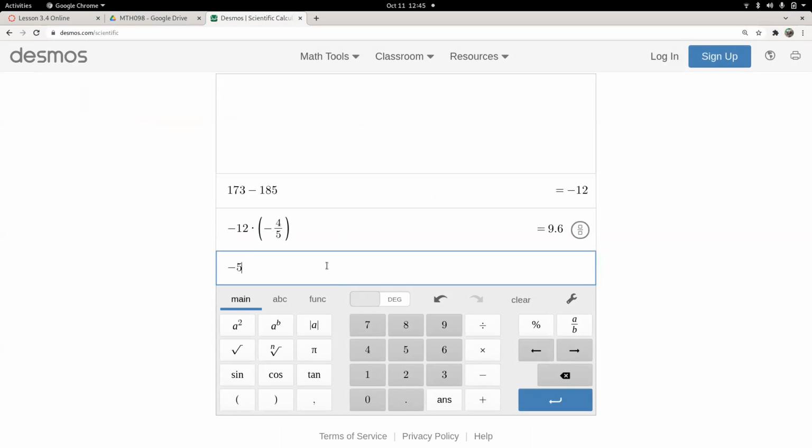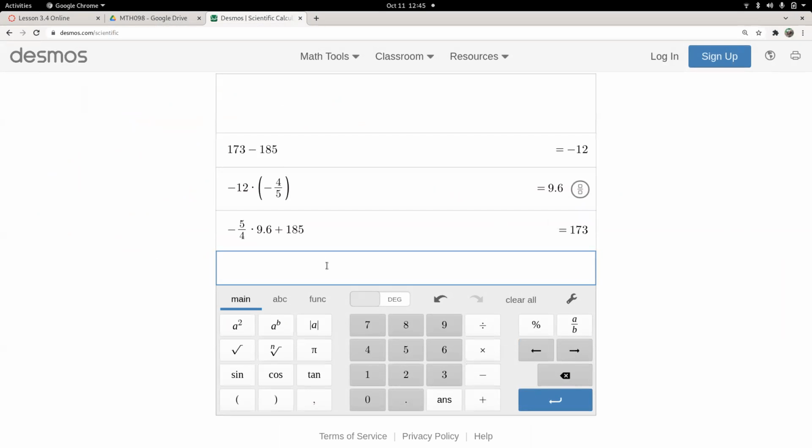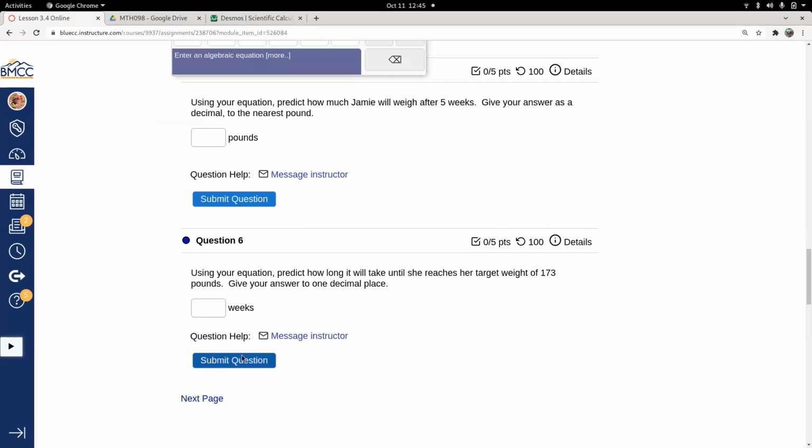So negative 5/4 times 9.6 is the amount of time for Jamie to get to her target weight if she keeps up the same pace, plus 185. Yeah, there's the 173. So I did okay there. So again, find ways to double check yourself before you go and push a button. All right, we're going to stop here for a moment.